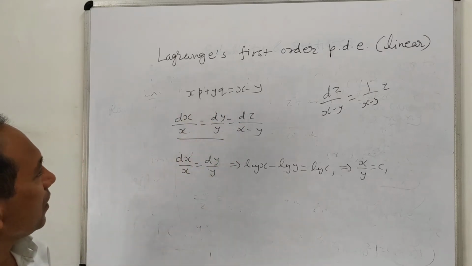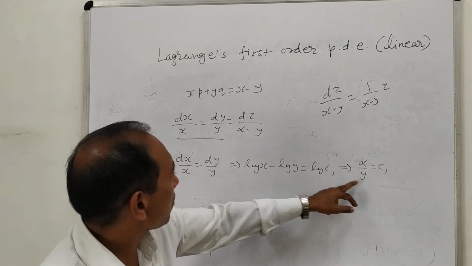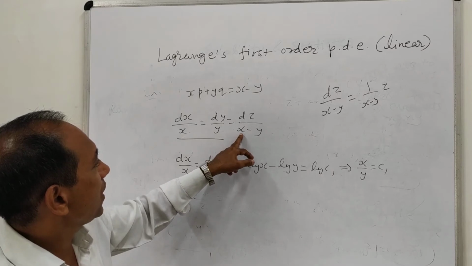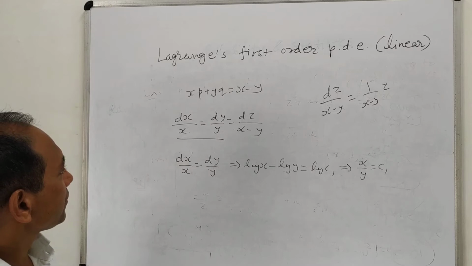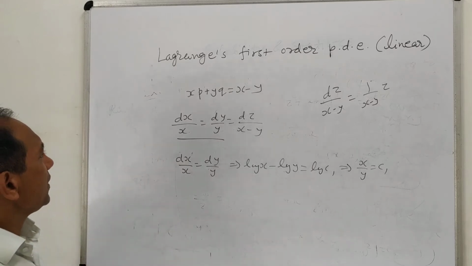As in the second example which we have seen, can we use x upon y equal to c1 here? If we put x equal to c1y, then it will also become harder.